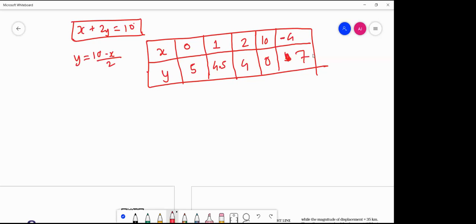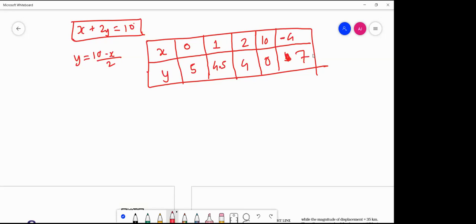No. See, we have written 5 solutions, but how many more will be there? Can you count them? Sir, it will be infinite. Yes. So whenever we are talking about only one equation, it has an infinite number of solutions.